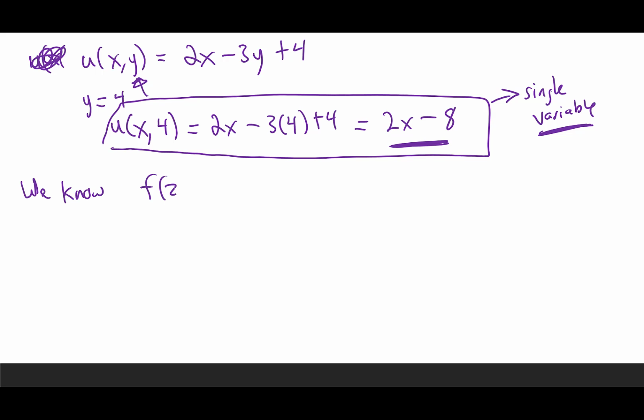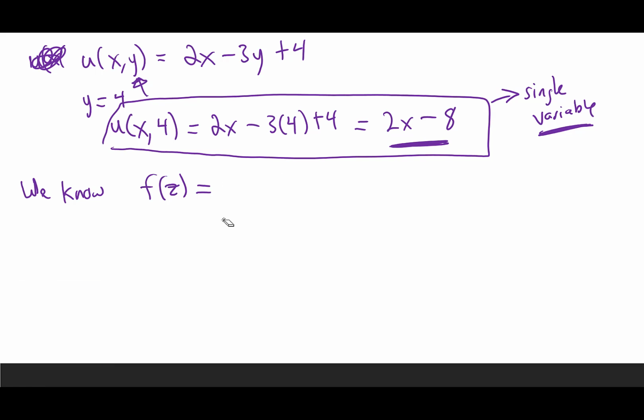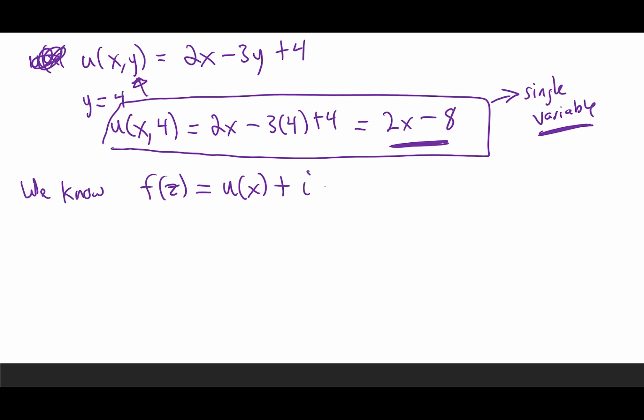We know f of z is equal to u of x plus i v of x comma y.